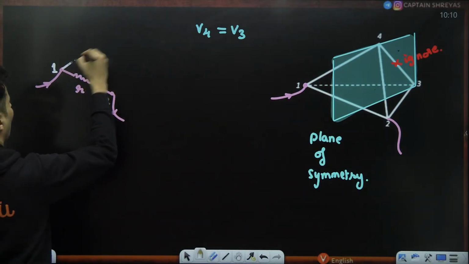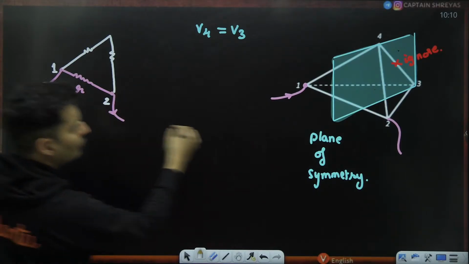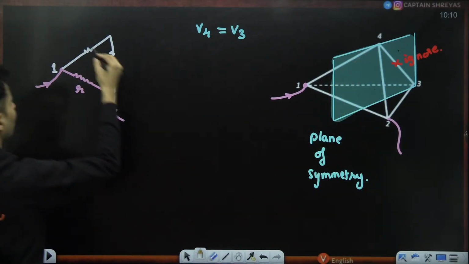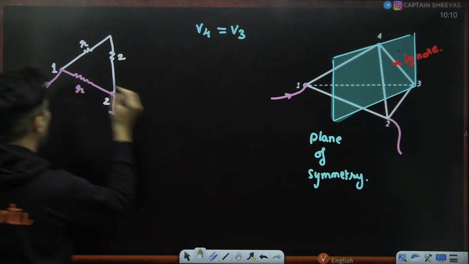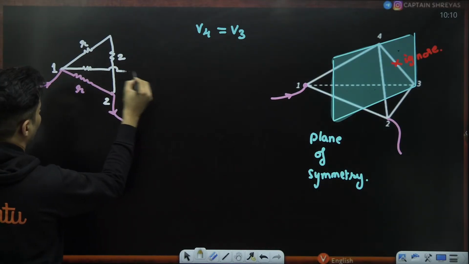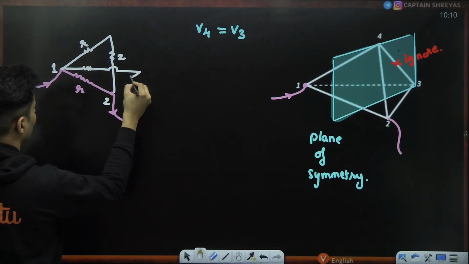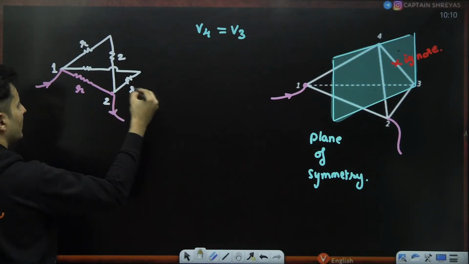So from 1 to 4 and 4 to 2, these are two resistances. And 1 to 3 and 3 to 2, like this. Yes, this is what it is. These are also resistances.